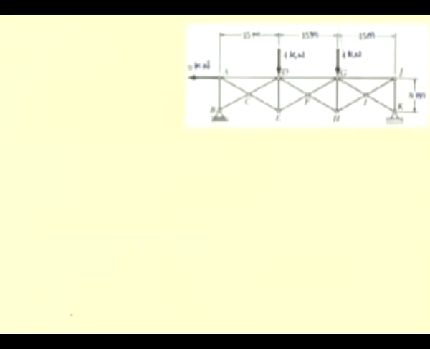So, let us write the equation taking the moments about K and equating it to 0. Since the force at B is an upward force and the moment of this reaction is clockwise about this point K, it is a negative moment.